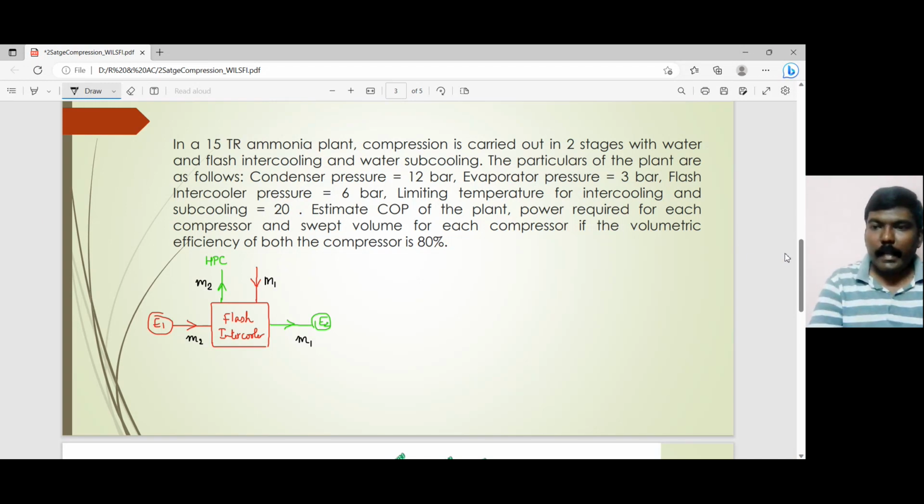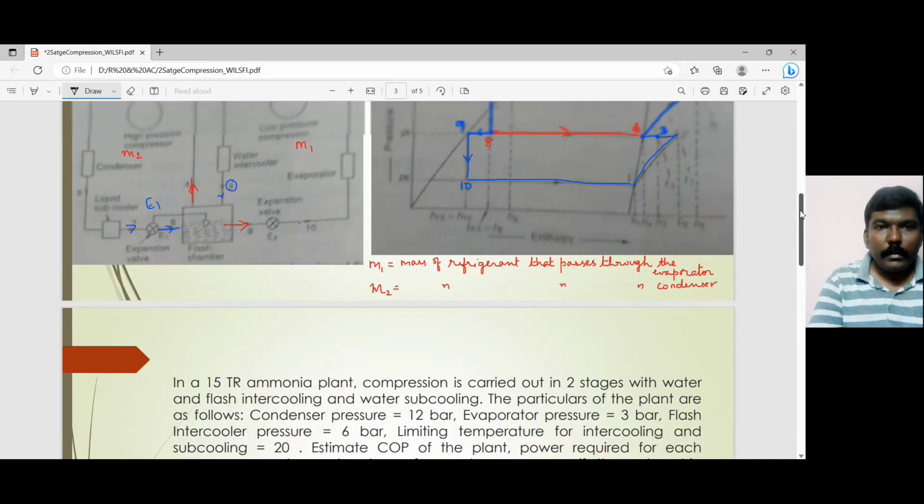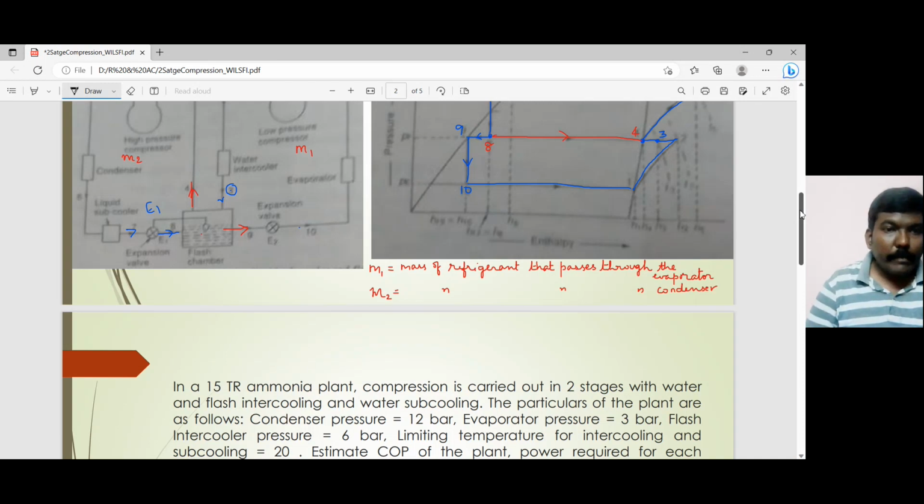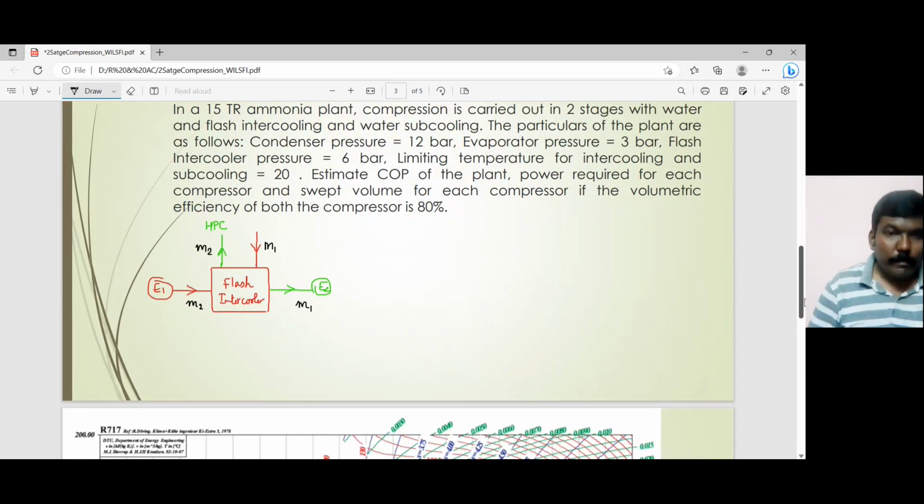So if you look at the layout, it is leaving at 4, okay? And it is entering at 3. So this guy, the enthalpy over here is H4, and here it is H3.